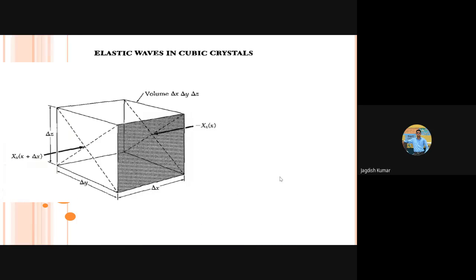So today we will apply this idea to study the propagation of elastic waves in cubic crystals. We will assume that we have a big crystal whose unit cell is cubic. What do we mean by cubic?